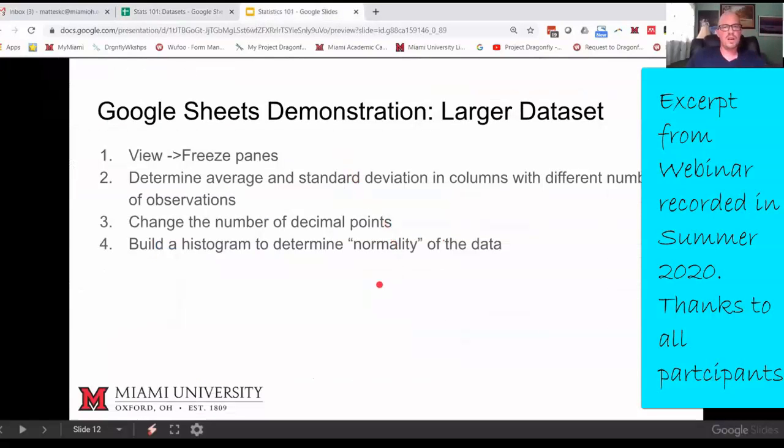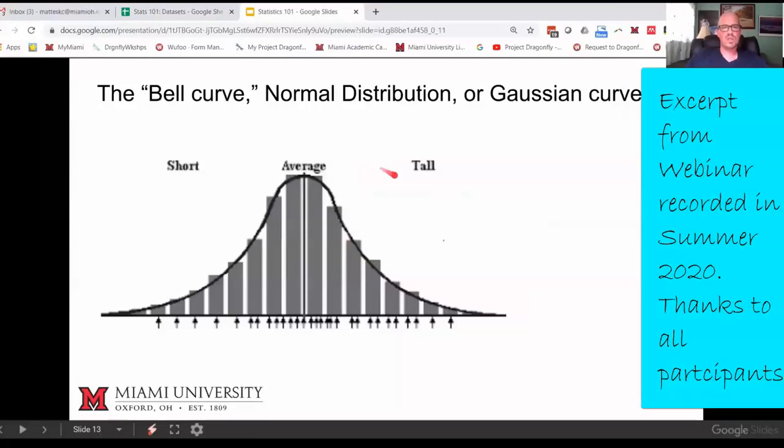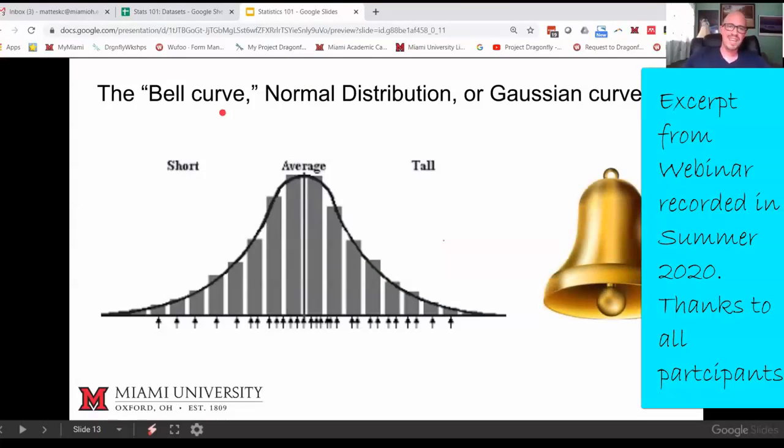So let's go back here and talk a little bit about the normal distribution. It's called the bell curve because it looks like a bell. I guess it does look a little bit like a bell. But it's more formally known as a normal distribution because it's very common in nature. It is a typical distribution for all sorts of things like blood pressure and height, things you can measure in the natural world.